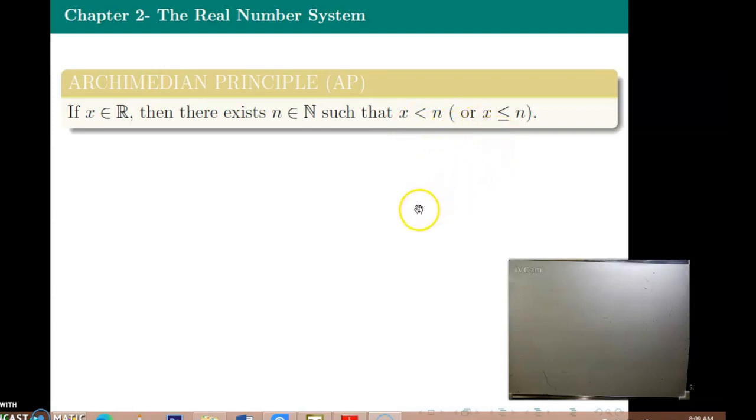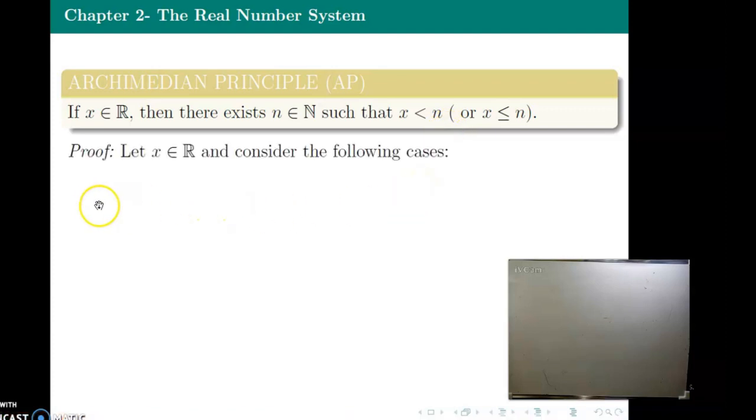So just like for example, if x is equal to 2.5, there exists a natural number, say 3, say 4, say 5, which is greater than the real number, or x is less than the natural number. So let us have a proof of this.